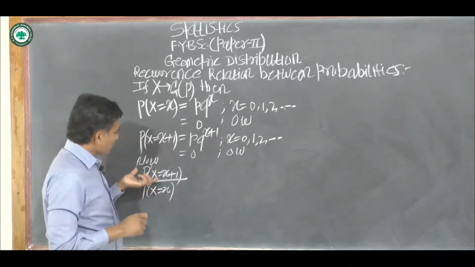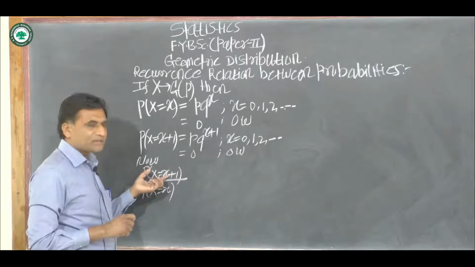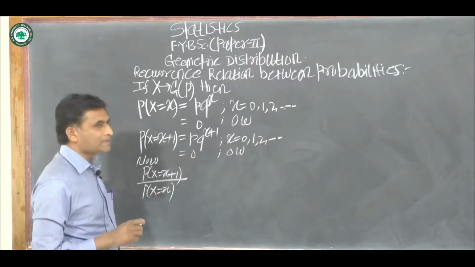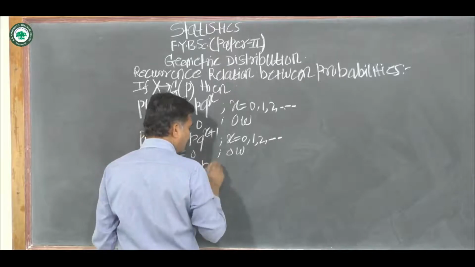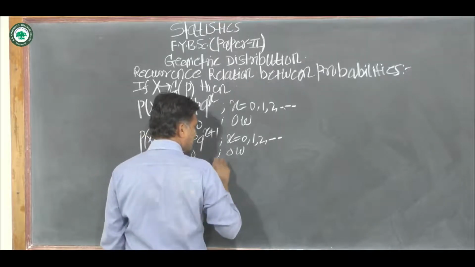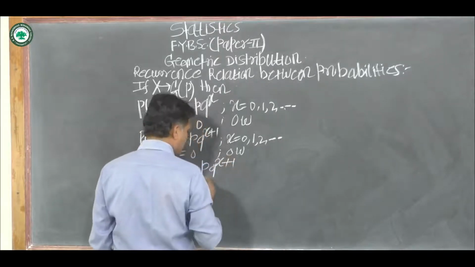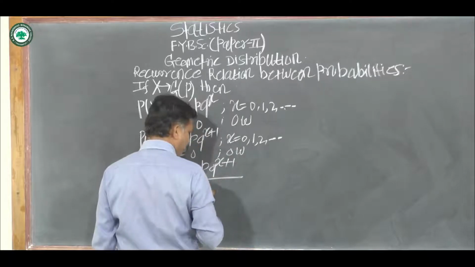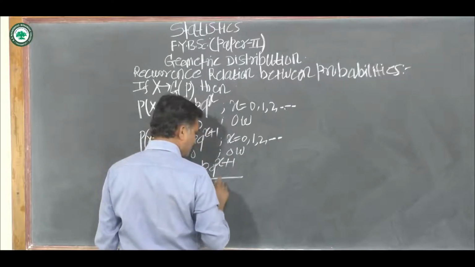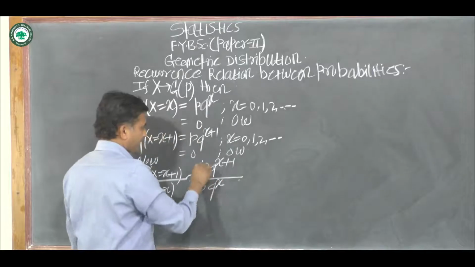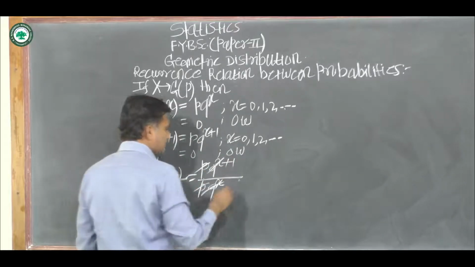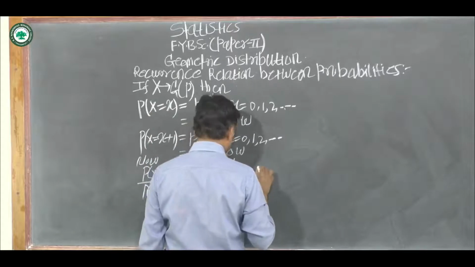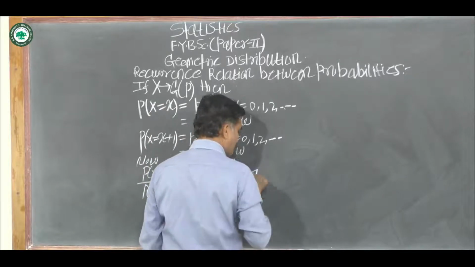Ratio of probability of X equal to x plus 1 and probability of X equal to x is equal to p into q raised to x plus 1 divided by p into q raised to x. p gets cancelled, q raised to x gets cancelled, which is equal to only q.